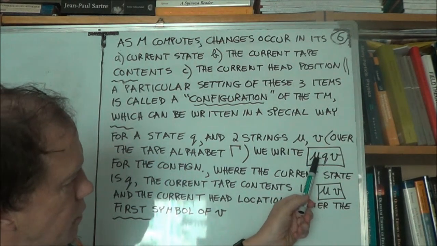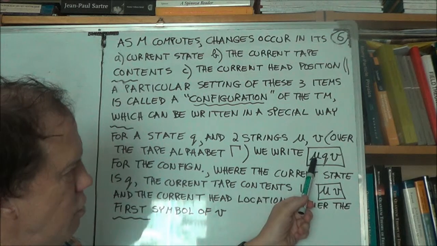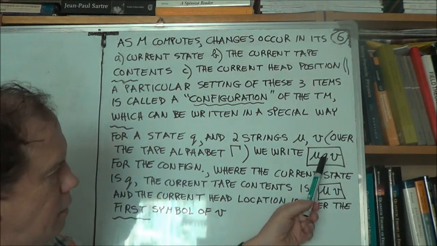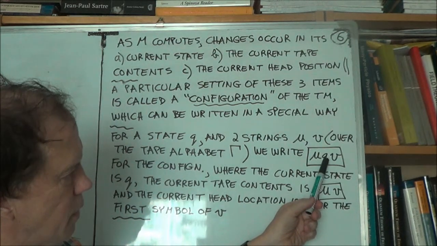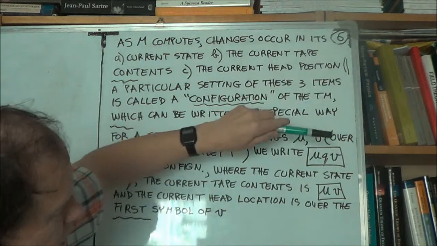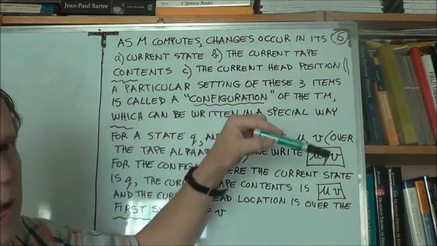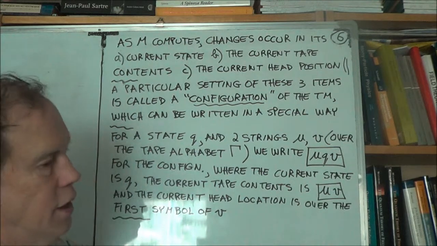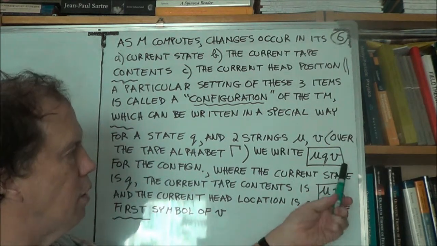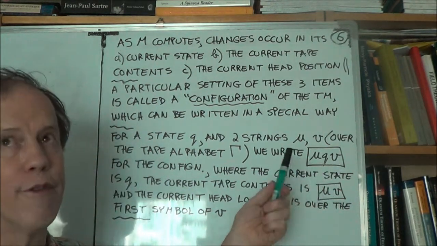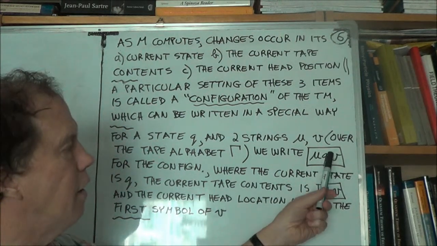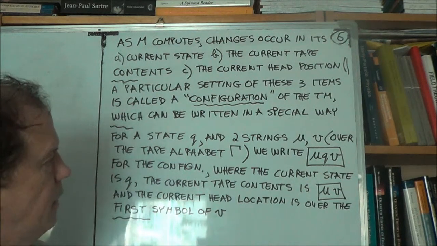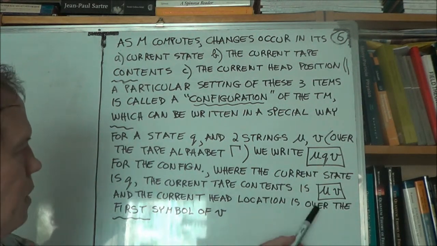It has a string U to the left and a string V to the right, and you know where the head position is by the position of this Q. The head is positioned over the first character, the left-hand character, of the string V. Okay. So, that's what it's saying here.